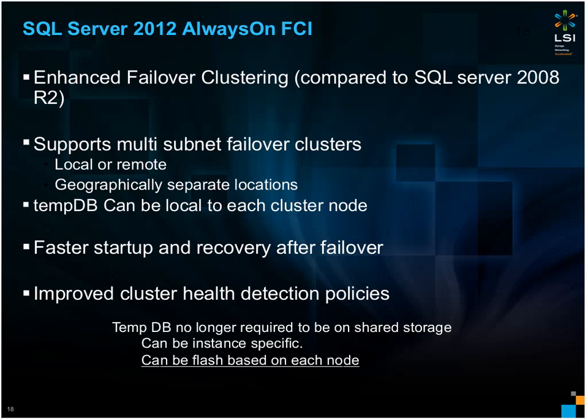You now get the ability to have TempDB on each local and long-distance instance of your database. So why is TempDB so important? I'm going to get into it in a little bit, but think of spillover from memory typically has to go somewhere, and it's called TempDB in SQL Server 2012.